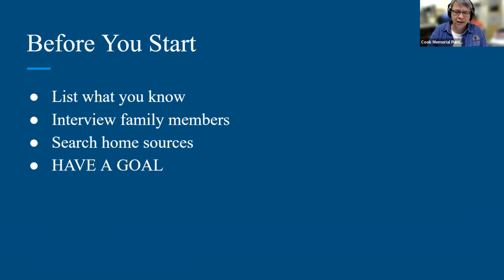Then before you start Ancestry Library Edition, have a goal in mind. I'm here to tell you that because of all those databases and resources, it's very easy to get distracted. There's lots of squirrels and bright shiny objects. So try to have a goal in mind to keep you focused on what you're looking for.